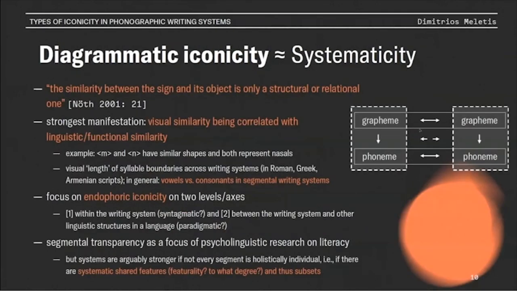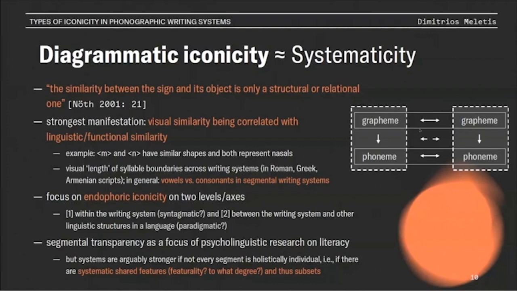With that, I want to turn to, I think, the most important type of iconicity, which is diagrammatic iconicity, where the similarity between the sign and its object is only a structural or relational one. And the strongest manifestation of that is when we find that the visual similarity of units of writing is echoed in the functional similarity of the unit structures that they relate to.